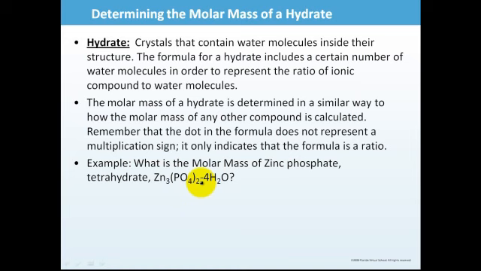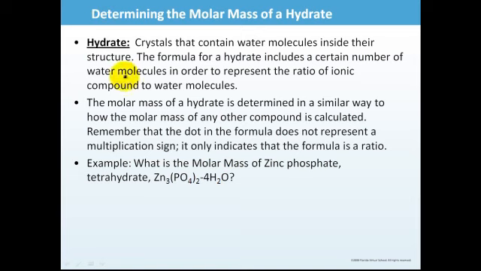In chemistry it just means we have a ratio of 1 zinc phosphate for every 4 water molecules. So again, how would we determine the molar mass of this? Well, we do it exactly like we were doing before. Just now we have that 4, so we have to distribute that through the H2O when we count our atoms. All right, so let's try this one.